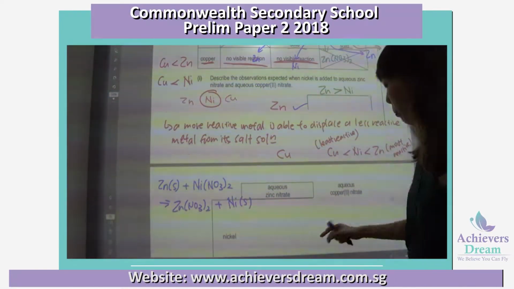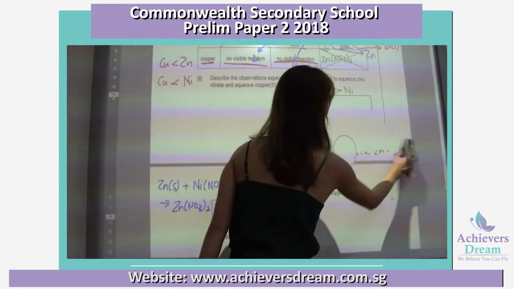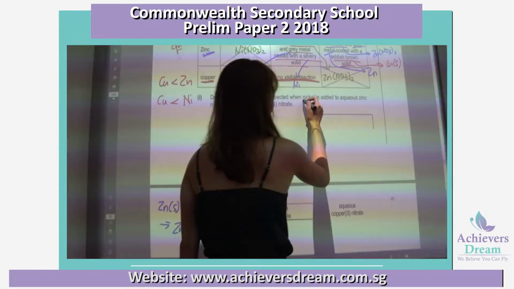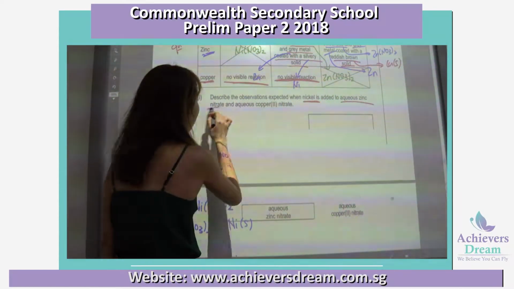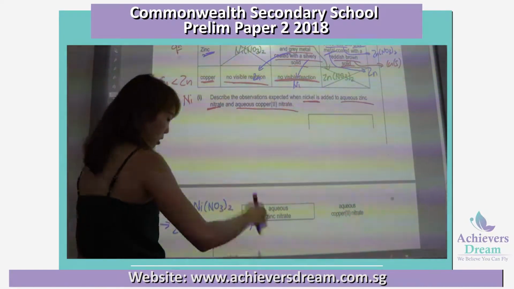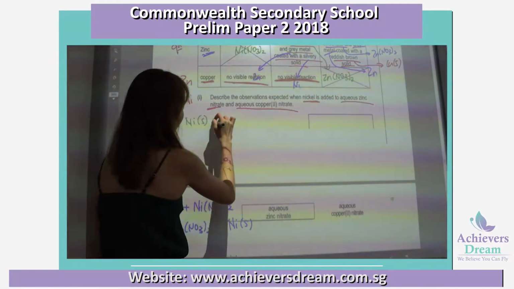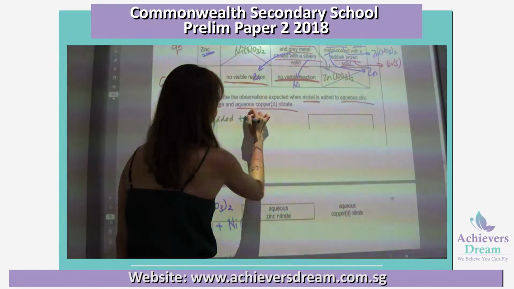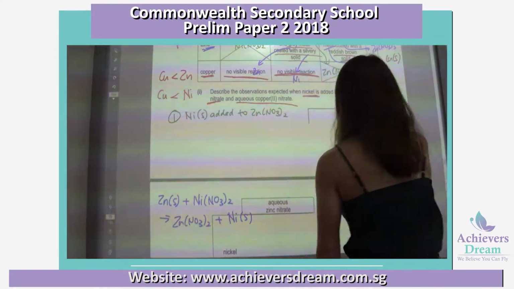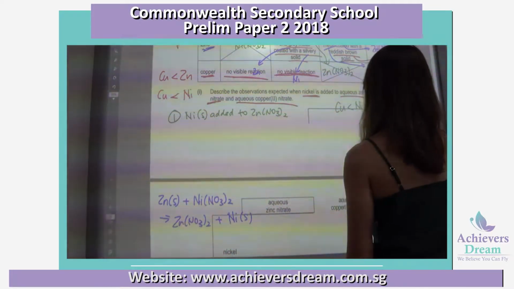Correct? So now part 1, they ask you to describe the observations expected when nickel is added to aqueous zinc nitrate and aqueous copper 2 nitrate. First, when nickel is added to zinc nitrate, I know that, okay, this is the reactivity series, right? It's copper, nickel, followed by zinc.